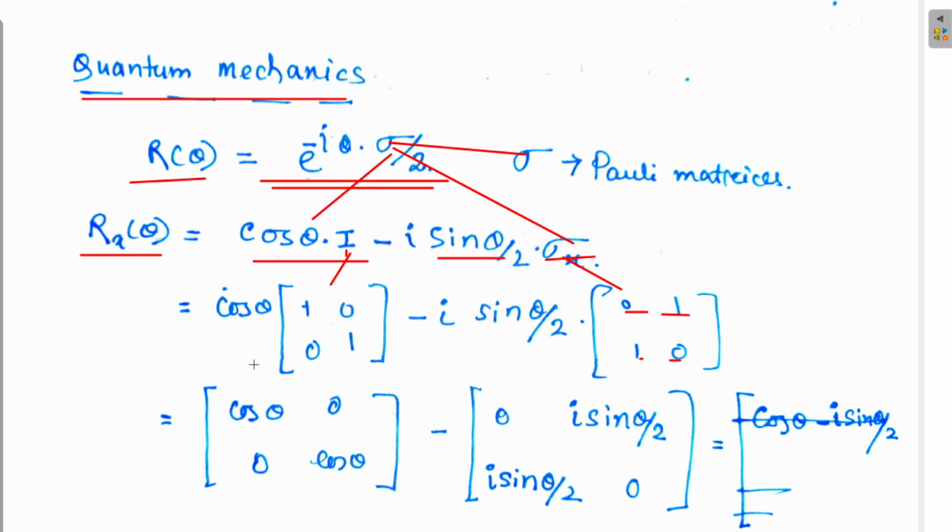So after simplification, here we just multiplied cos theta with the elements of this matrix. So this will give us cos theta 0 0 cos theta. Similarly, if we multiply this with this matrix, this will give us 0, iota sin theta over 2, and iota sin theta over 2, and 0.